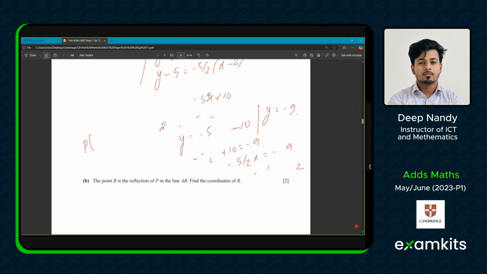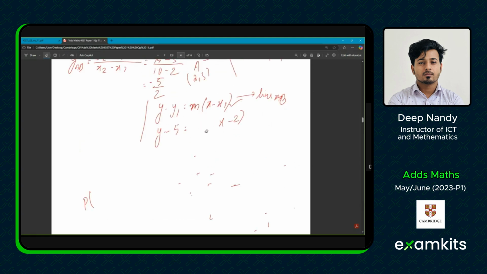The gradient was wrong. I clicked the gradient wrong. So we cut that out. So here, x minus 2 and the gradient will be 2 by 5.